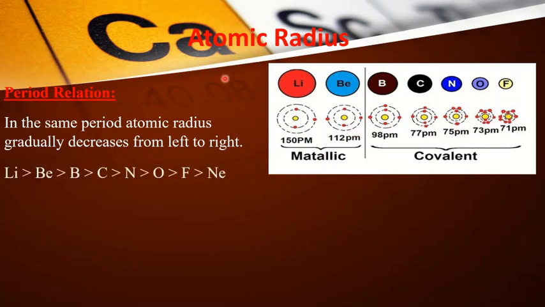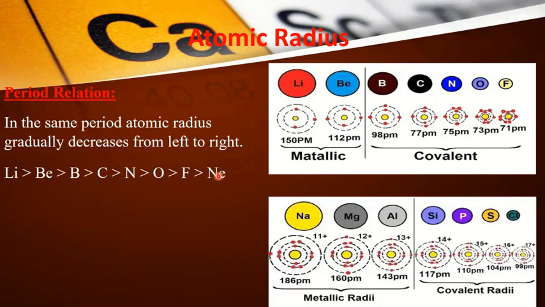Look here, for the second period, the atomic radius of lithium is the highest, and neon has the lowest atomic radius. And the same happens for the third period also. For the third period, all of them have 3 shells, but there are 1, 2 to 7, or for argon there are 8 electrons on its valence shell, and also their proton number is increased from left to right.